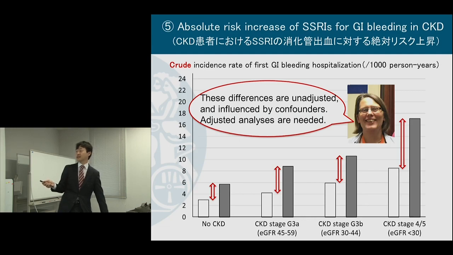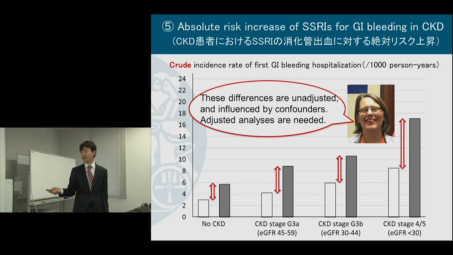And adjusted analysis is needed. By which she meant that, for example, this period and that period are quite different because other confounding factors, such as aspirin or anti-acid drugs, may be different. Also diabetes status may be different.